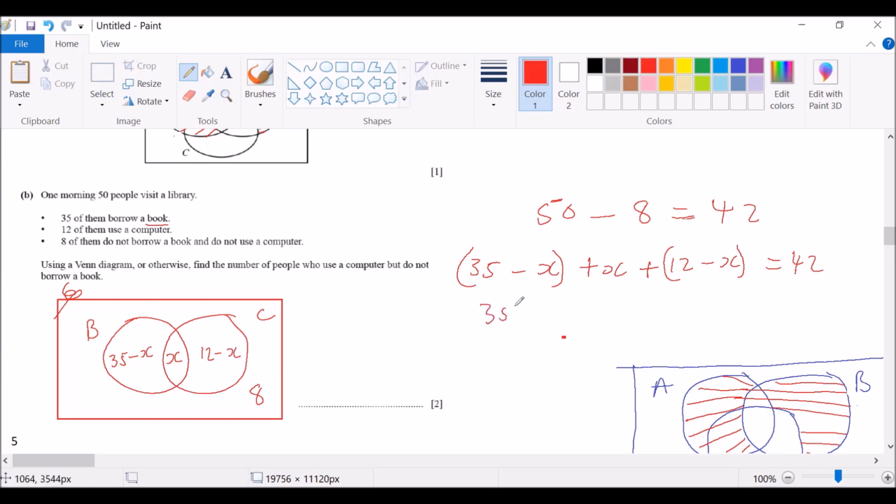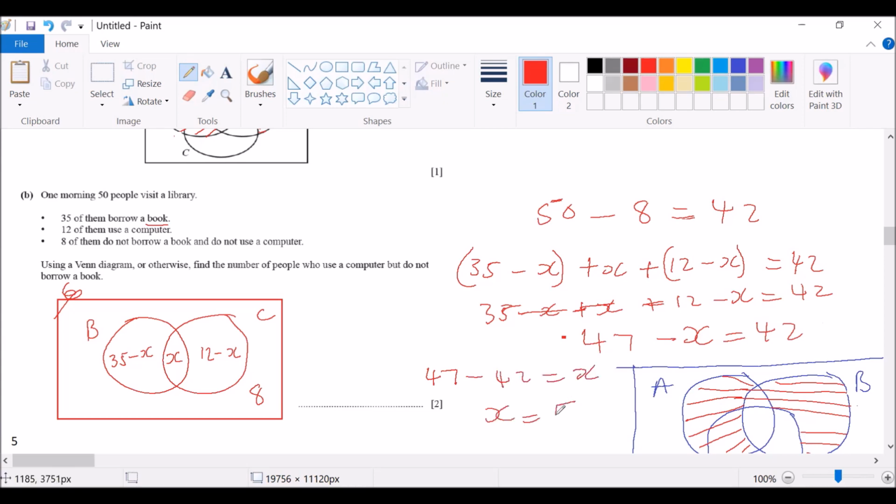So we have 35 minus X plus 12 minus X is equal to 42. Minus X plus X, this cancels out. 35 plus 12 is 47. Minus X is equal to 42. We can take this X to that side and 42 to the left side. So we have 47 minus 42 is equal to X. X is equal to 5.